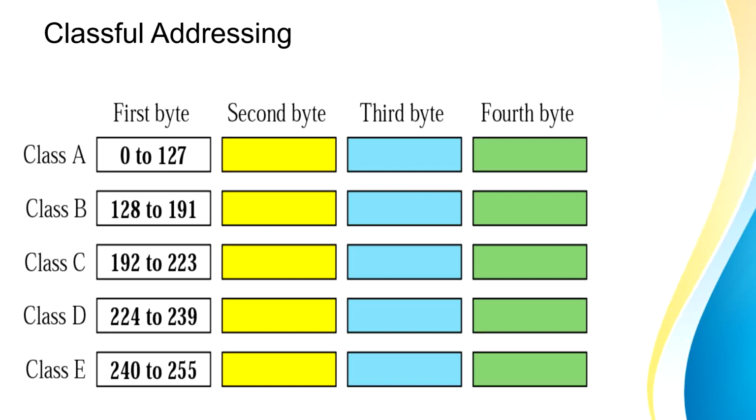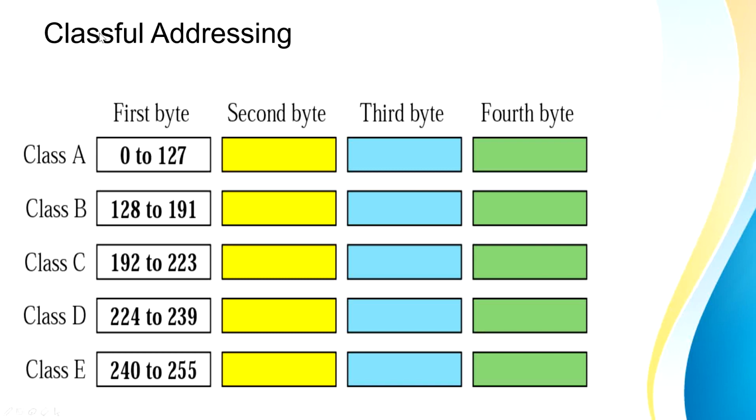So for class A, अगर class A को आपको identify करना है तो आपको first byte को देखना पड़ेगा. अगर आपके IP address में first byte का value is in the range of 0 to 127, मतलब आपका address belong करता है to class A. अगर आपके IP address में first byte में 128 से 191 तक कोई भी value है, then it belongs to class B. अगर आपके IP address में 192 से लेके 223 तक कोई भी value है, then it belongs to class C. 224 से लेके 239 तक belong to class D. And finally 240 से लेके 255 belongs to class E.